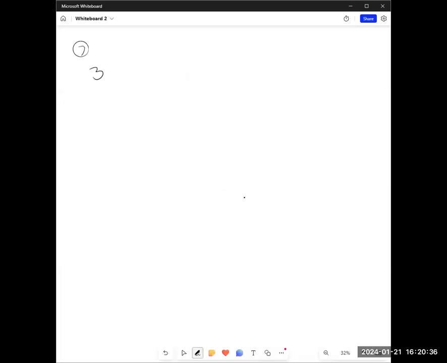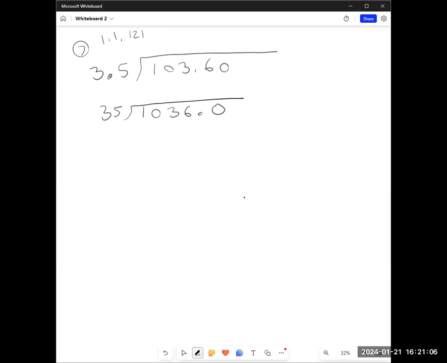Number 7 today, I'm going to have 3.5 on the outside, 103.60 on the inside. So it's going to be like 1.1, 121. And I need to multiply inside and outside by 10 to shift this decimal point over 1 time so I can get rid of the decimal on the outside and make that 35 into 1036.0 like that.